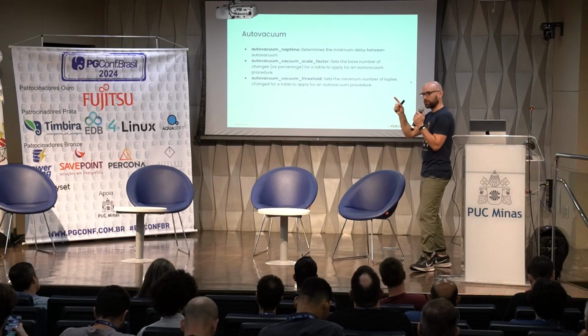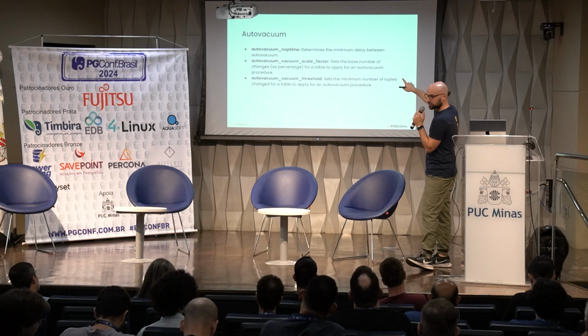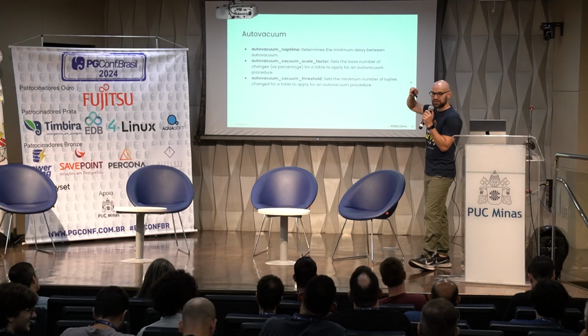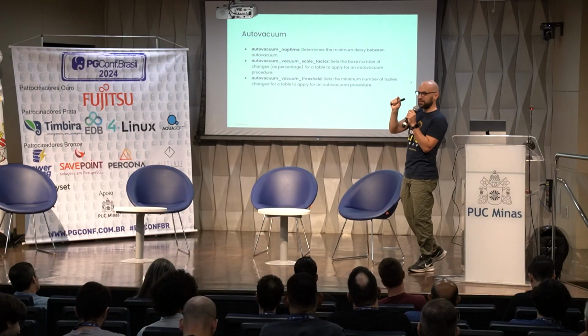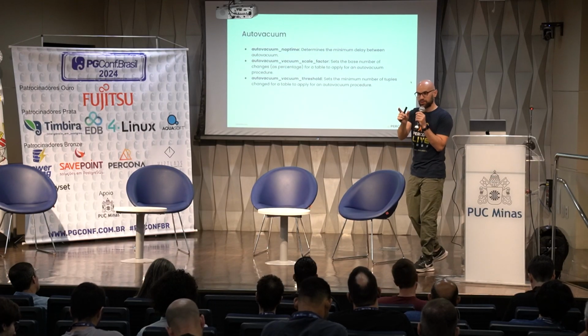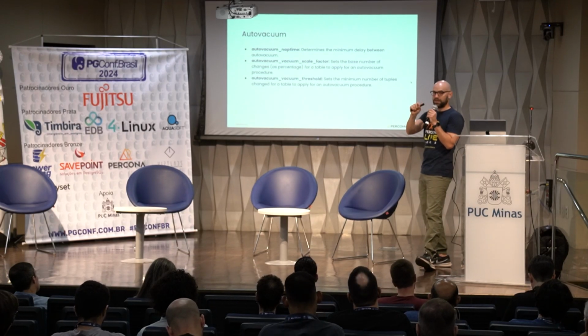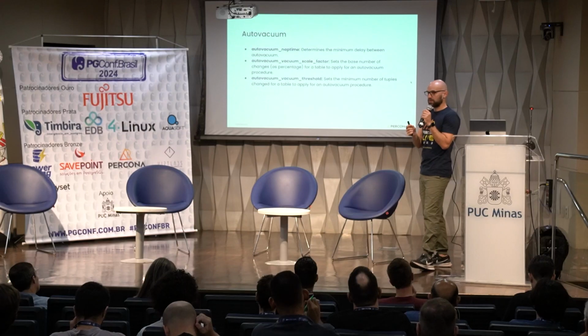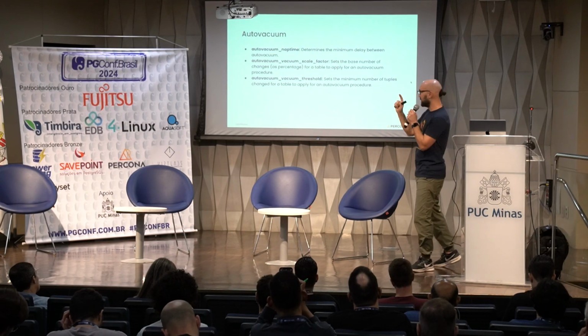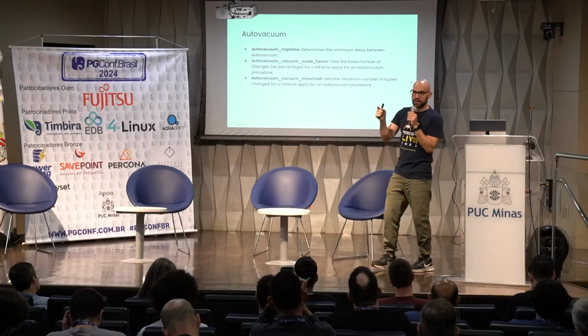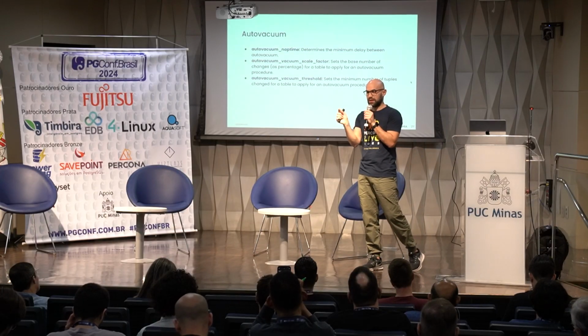Now, the plot thickens a bit because also the scale factor kicks in. The math is really easy, but these are two terms in one equation that will need to be satisfied at the same time, right? So the scale factor is the percentage of the tuples that need to change, and this is an addition, right?